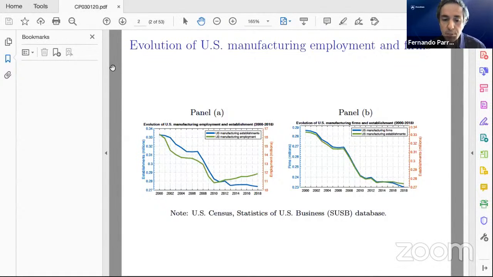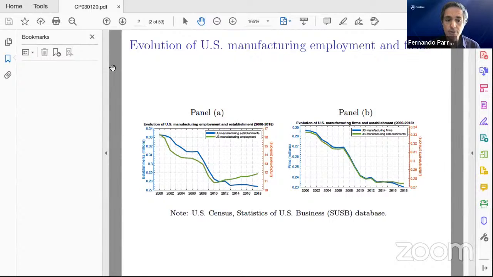So a first goal of this paper is to think about a framework to take into account both labor supply decisions of households and production exit and entry decisions by firms that rationalize these patterns, and to use this framework to speak about how trade policy can impact the dynamics of manufacturing employment and manufacturing establishments in the United States.